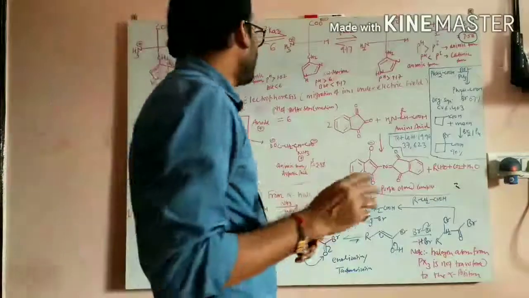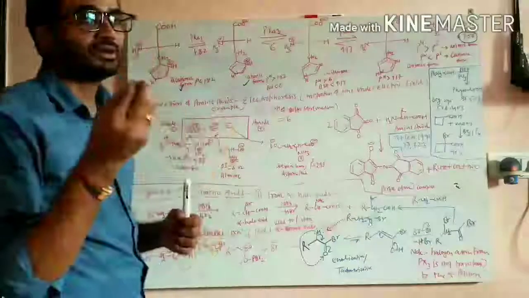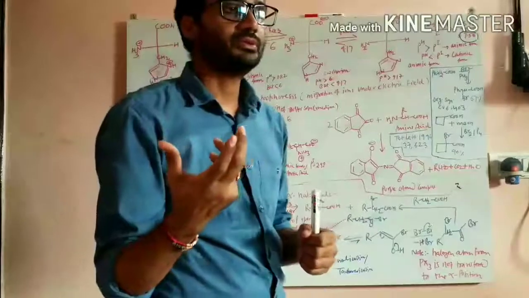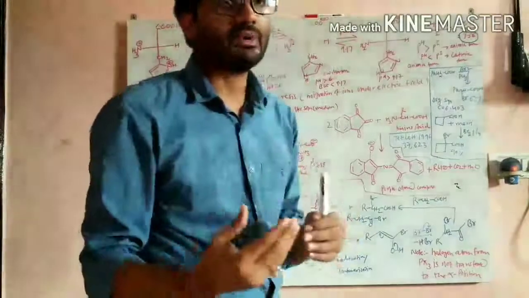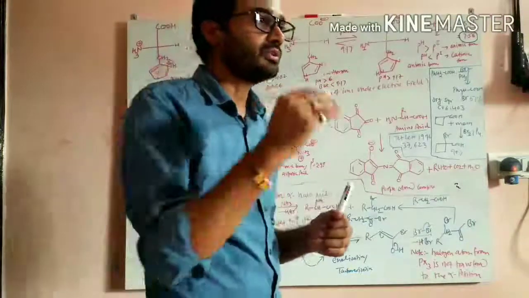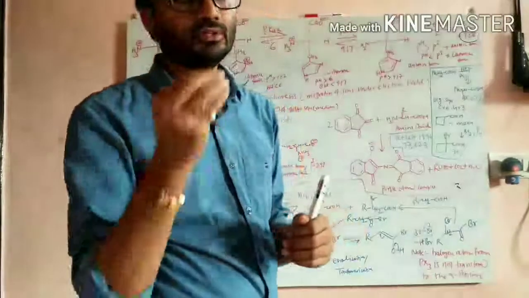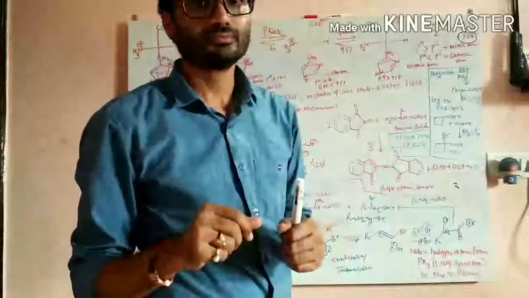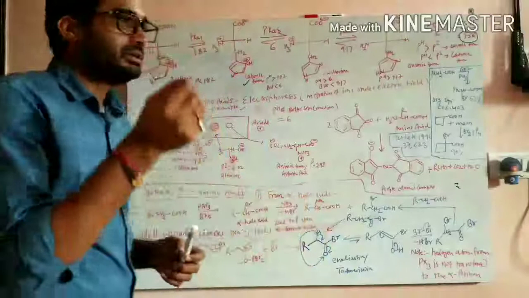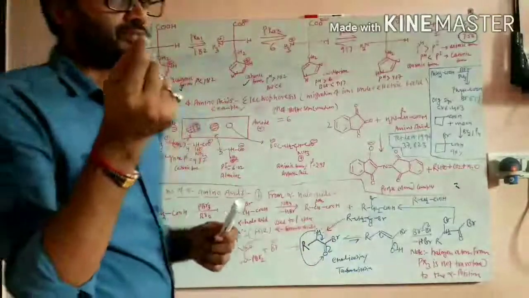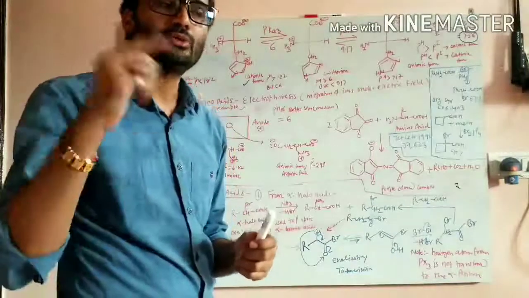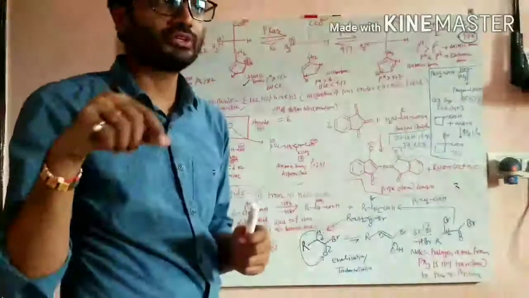Suppose I am taking an example. Suppose I have a mixture of 3 amino acids, and I want to identify them. I want to separate them and know what the amino acids in this mixture are. So what we will do is dissolve these amino acids in water or any solvent in which all 3 amino acids can dissolve.